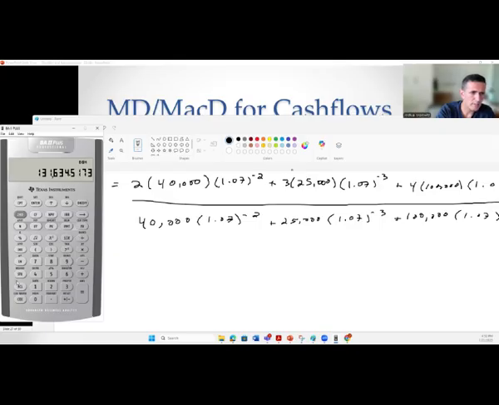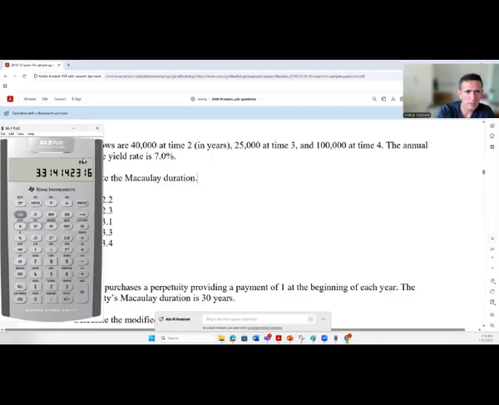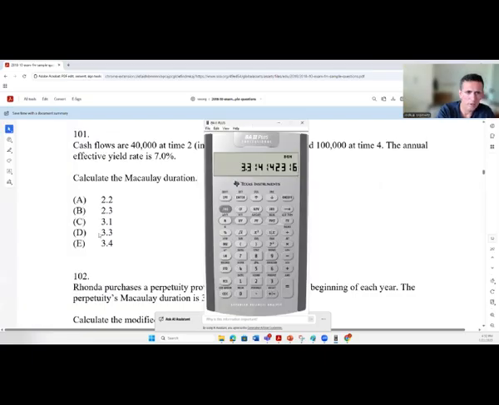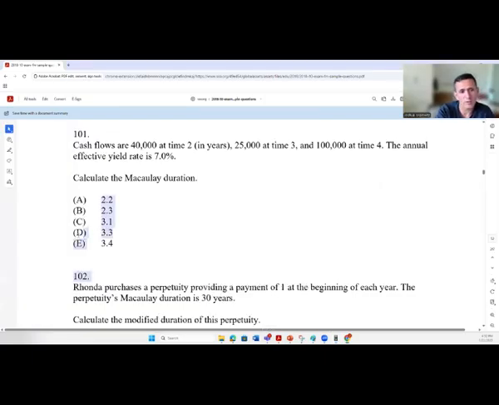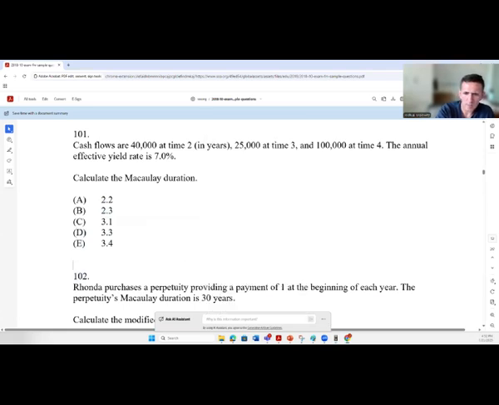I'll just divide this by this number here and then do 1 over. And hopefully this is one of the answers. And lo and behold, it is. It is D, 3.3. So yeah, easy peasy, not much to this.